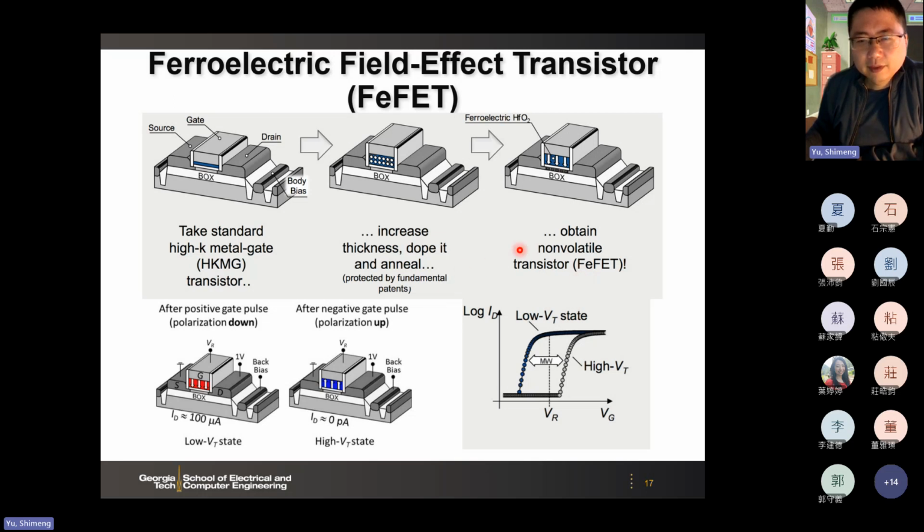So it looks simple, but of course it's still a lot of engineering effort. And then again, when dipoles point down or point up, you can tune the threshold voltage. Then you have the memory window, defined as the threshold voltage change in the ID-VG plot.